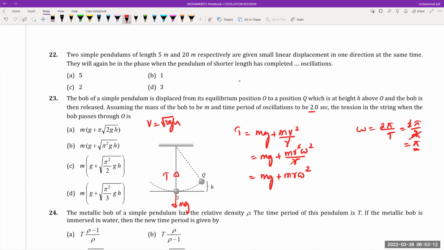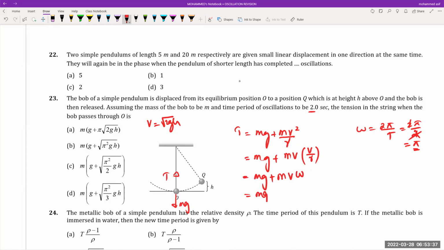मैं इसको ऐसा कुछ कर सकता हूँ क्या? देखो ओमेगा में ही लिख लो इसको. दैट इज इक्वल्स टू mg प्लस m into v divided by v by r. That is equals to mg plus m into v. v by r is nothing but omega.